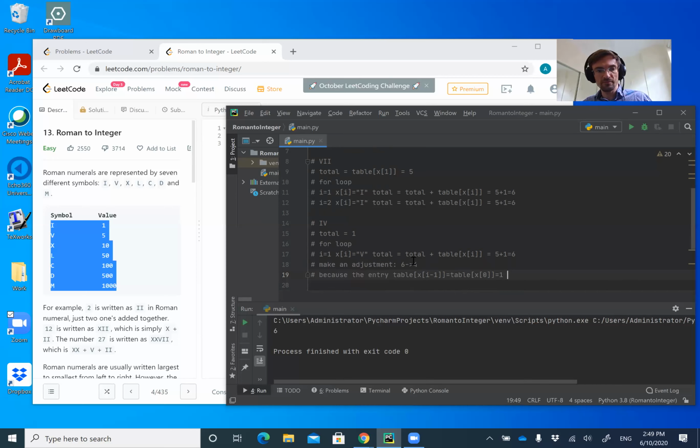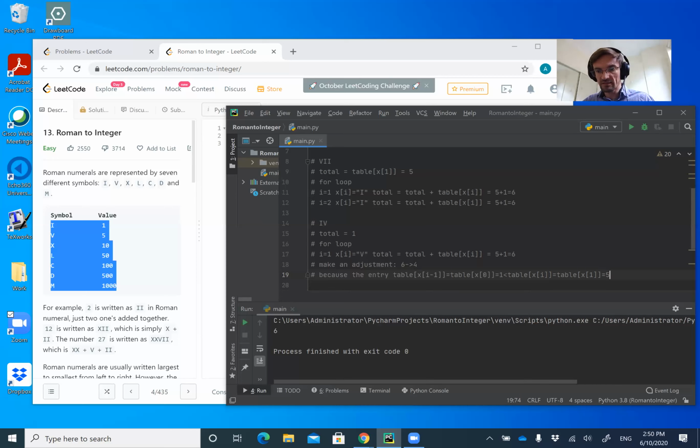Usually these things should be getting smaller and smaller, right? This one is actually smaller than the table value of s of i, which is s of 1, which is 5.